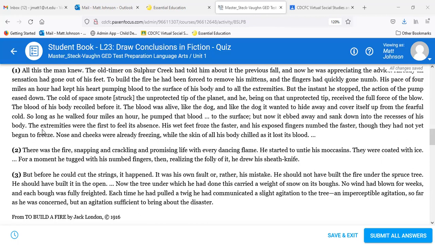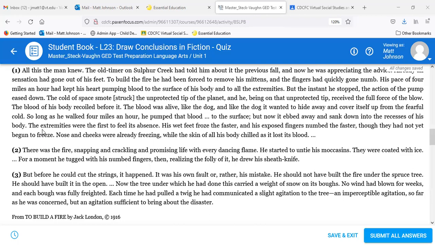Now the tree under which he had done this carried a weight of snow on its boughs. No wind had blown for weeks, and each bough was fully freighted.